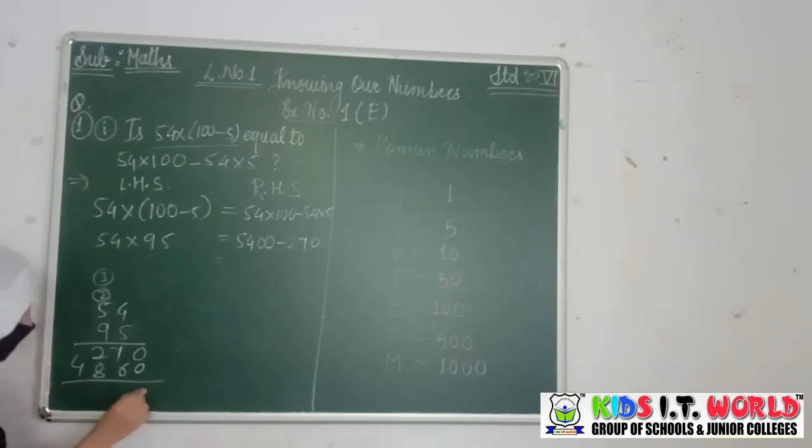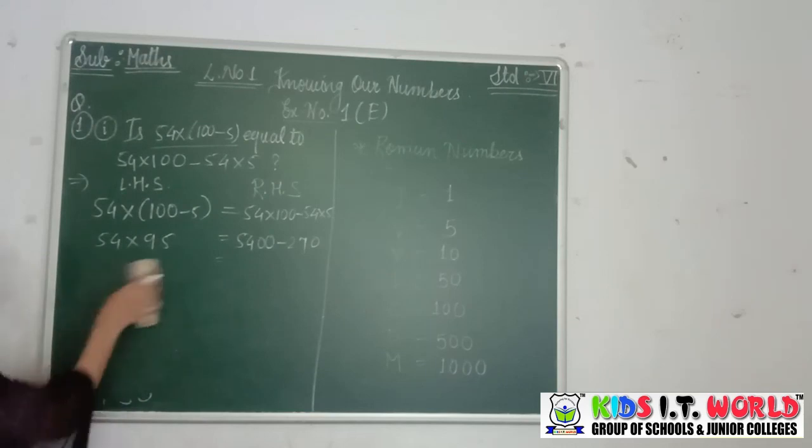Now 0 plus 0, 0. 7 plus 6, 13. 1 will be carried. 8 plus 2, 10. 10 plus 1, 11. 1 will be carried. And 4 plus 1, 5. So after solving this, you got the value 5130.